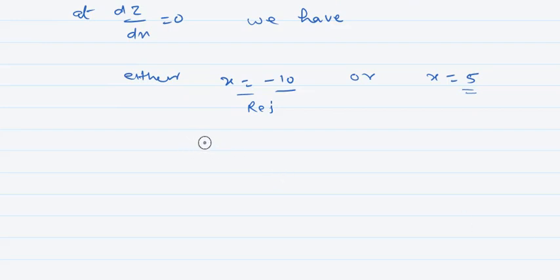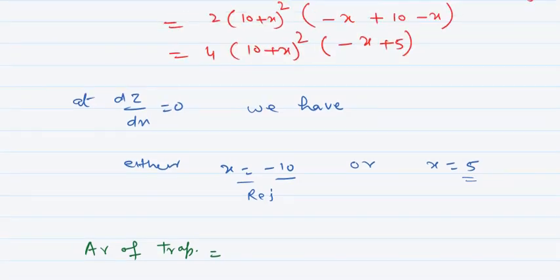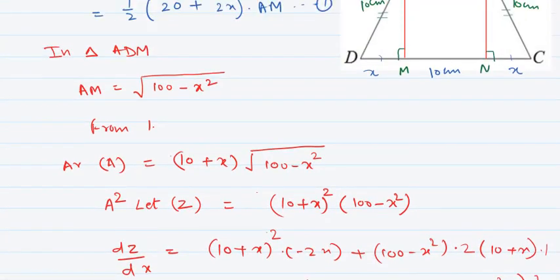Now we know that we need to calculate the area. So the area of the trapezium is equal to, for that let us use expression number 1, or rather this expression.